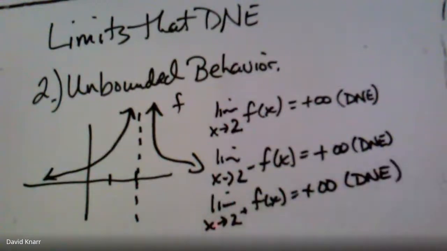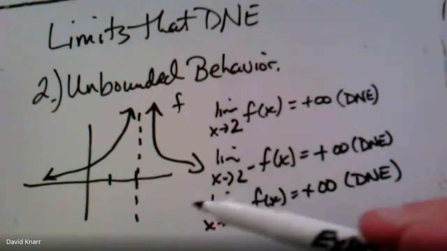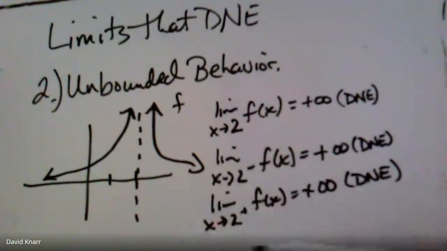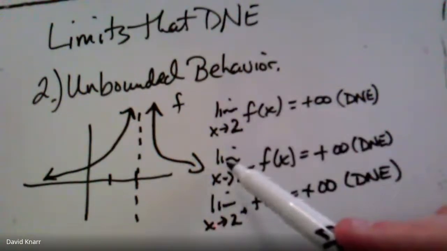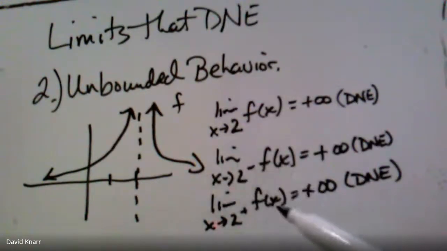However, the rule of thumb is if you can describe the direction of the graph based upon the limit that's been asked, then you're told to do so. So I was asking you for the limit as x goes to 2 from the left of f of x.